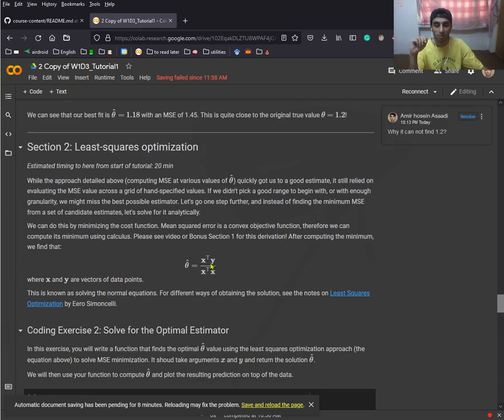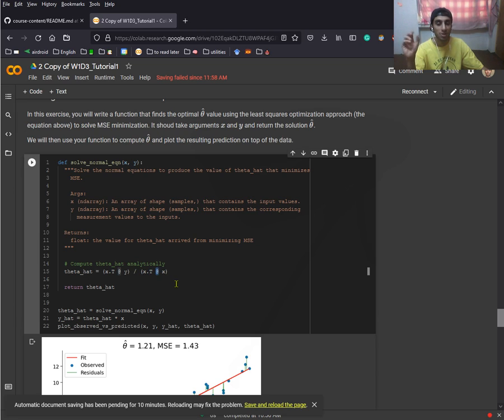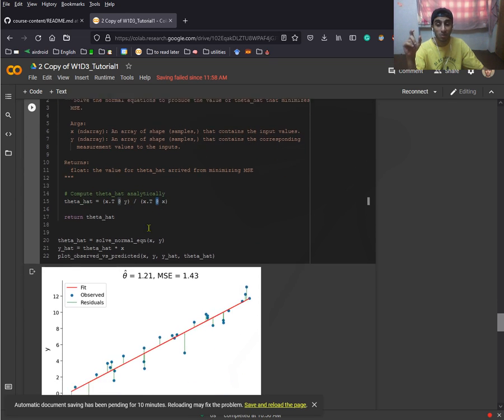It's not too hard, right? Okay, so we can create a function, for example, solve normal equation, and we pass the x values and the y values, and as we know, theta hat is x transpose times y divided by x transpose times x, and this at sign notation is matrix notation for multiplying.